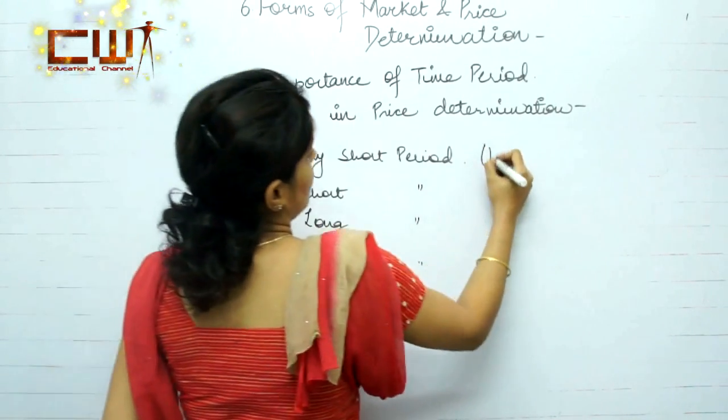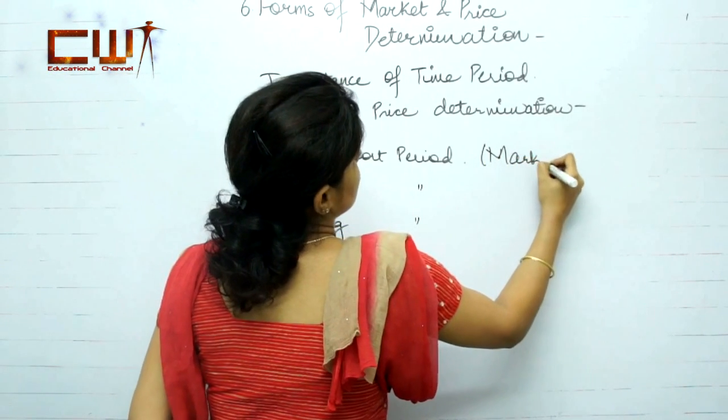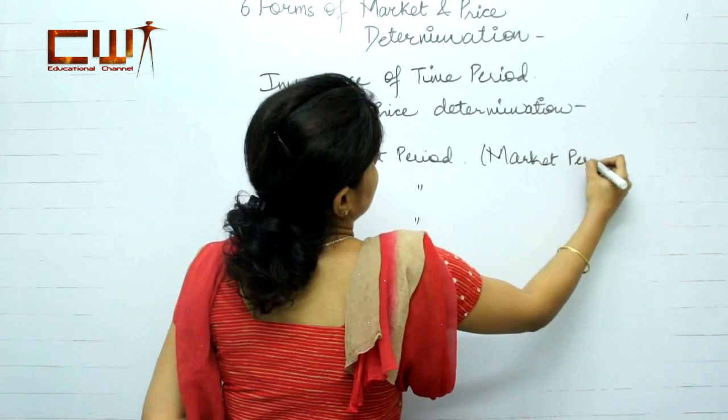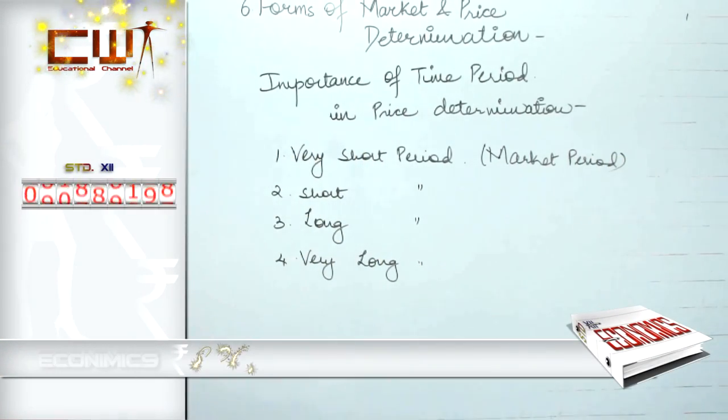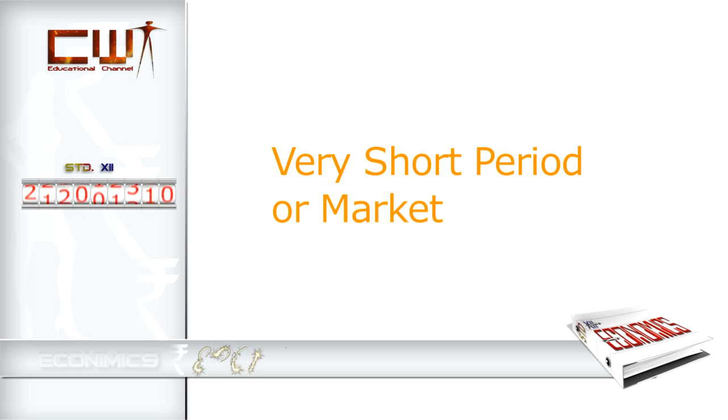Very short period is also known as the market period. First we will discuss the market period or the very short period. We will study price determination under all the periods.